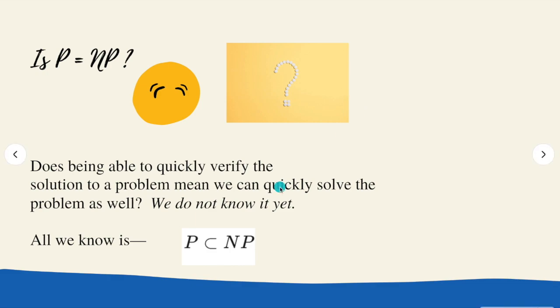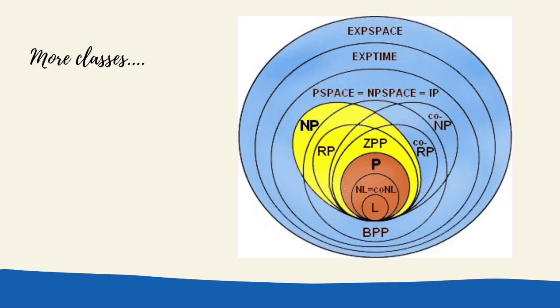We do not know that yet, and all we know for now is that P is contained in NP. If P equals NP, the whole thing collapses, and we'll have just a circle of sorts, where NP collapses to P. There are a lot more classes than what I just described, but that captures the basic fundamental classes that are introduced to you in an algorithms course.